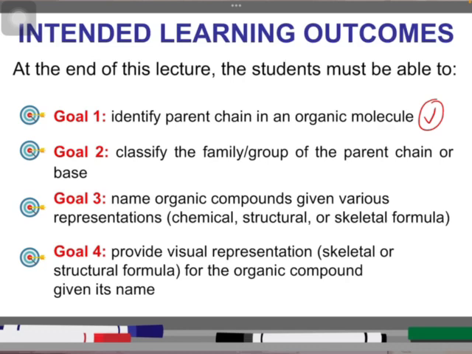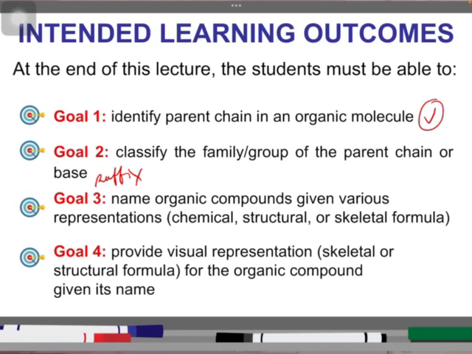If you have a C double bond O and it is a ketone, then alkanone, and so on. Number 2 is to classify the family or group of the parent chain or the base by assigning the suffix. So we did that. The ending for aldehydes is al, our ketones is one, our amides is amide also.